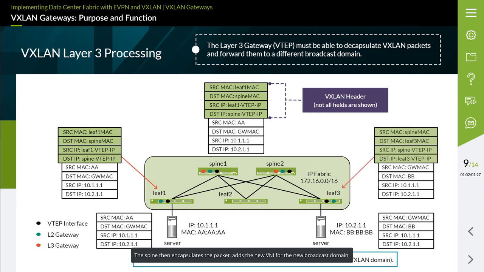The spine then encapsulates the packet, adds the new VNI for the new broadcast domain, and uses the spine MAC address as the source address, the spine VTEP IP as the source IP, Leaf 3 as the destination MAC, and the Leaf 3 VTEP IP as the destination IP. When the frame arrives at Leaf 3, the packet is decapsulated, and Leaf 3 performs a bridge lookup and forwards the frame through the interface identified by the forwarding table.